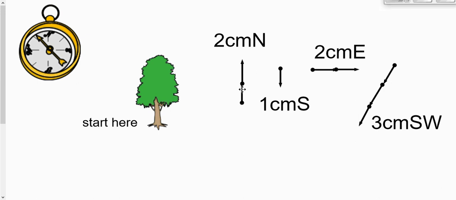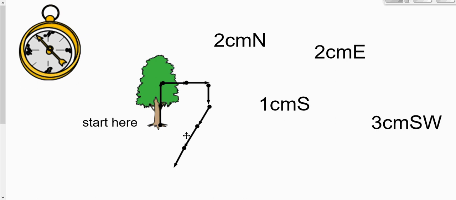So, for example, you might want to start from your starting point and move 2 centimeters north. So you can pick up your sticks and move 2 centimeters from your starting point north. You might then try adding the 2 centimeters east and moving those ones over, followed by 1 centimeter south, and then the 3 centimeters southwest. Of course, you're going to be using your own sticks.